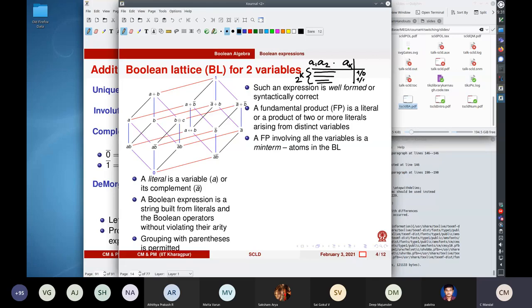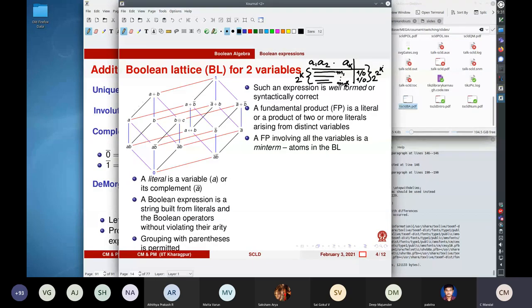So if you call them m1 up to m 2 to the power k, 1 indicates that you have mi in your irreducible irredundant sum, and 0 indicates that you do not have mi in your irreducible irredundant sum. So how many possible sums can you have? You can have 2 to the power k possible sums.